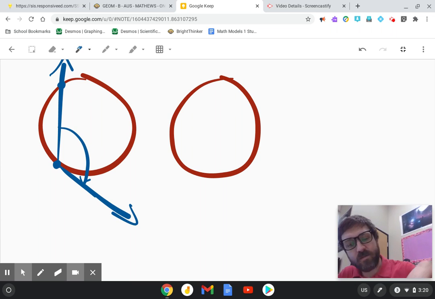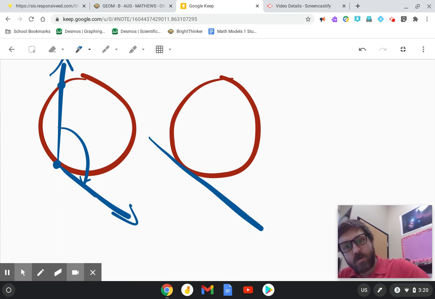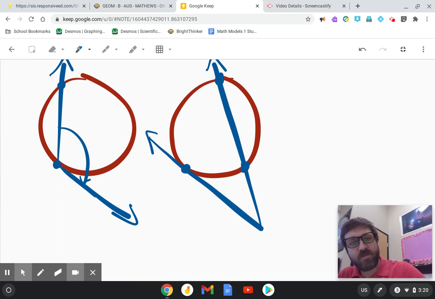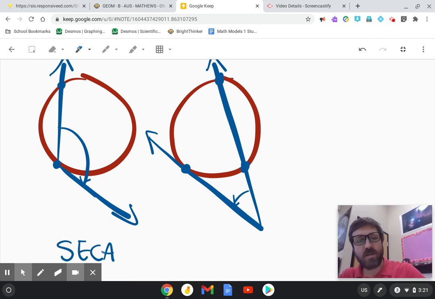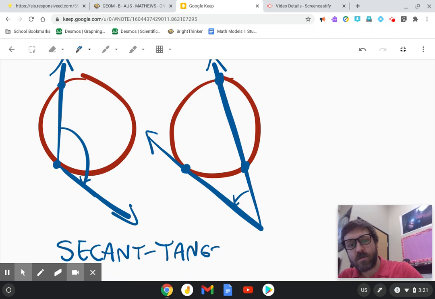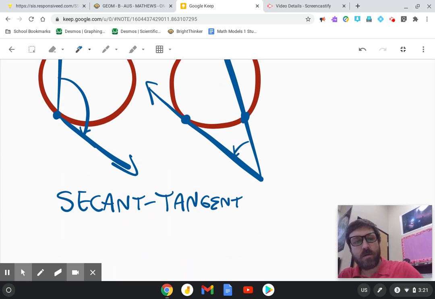Or it can look like this. So again, this is a tangent line, and the other one that touches twice is a secant line. And in both cases these are called secant tangent angles.